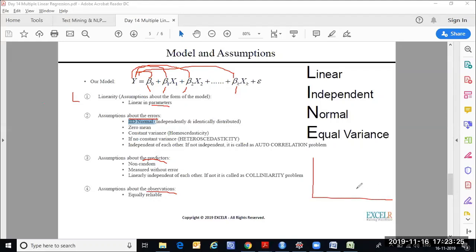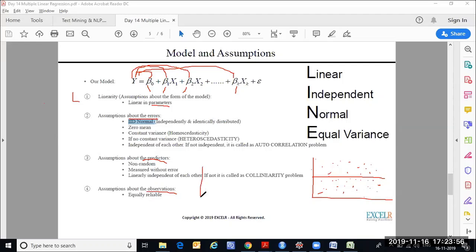If you plot these residuals, errors, they should be independent of each other. That means the residual of one observation should not impact the error of other observations. It should be randomly distributed like this, independently distributed.